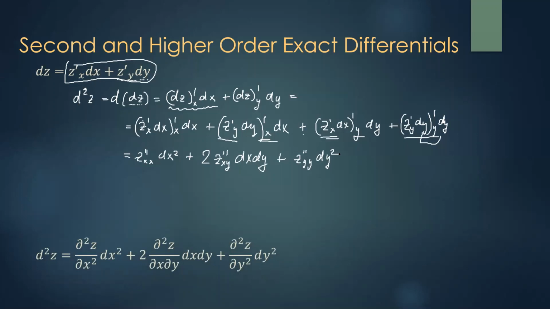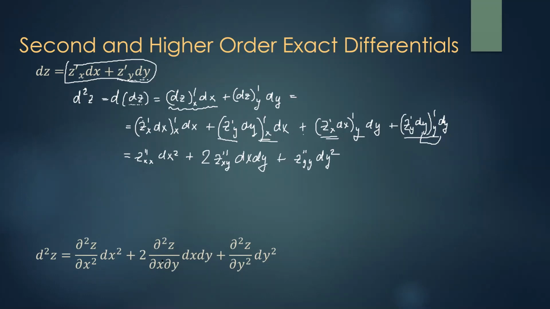You see the second order partial derivative both times by x multiplied by dx squared. Second order partial derivative both times by y multiplied by dy squared. And double mixed derivative by x and by y.